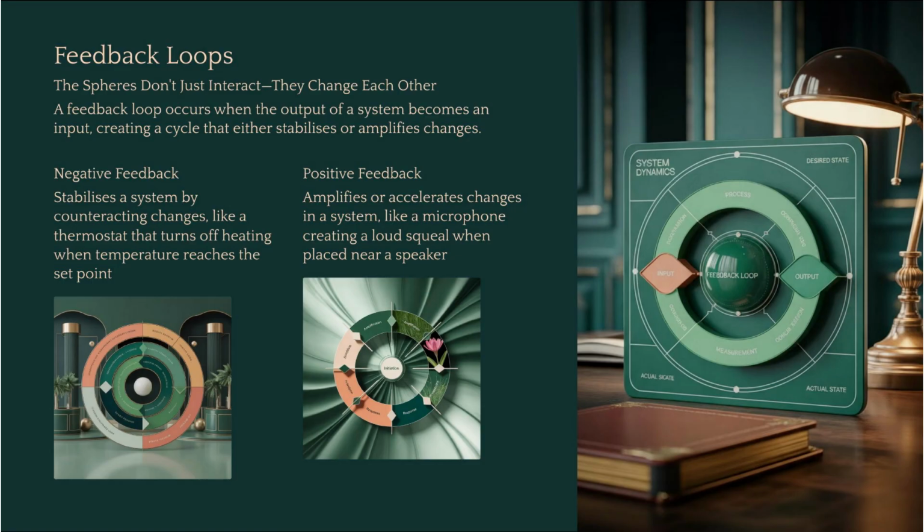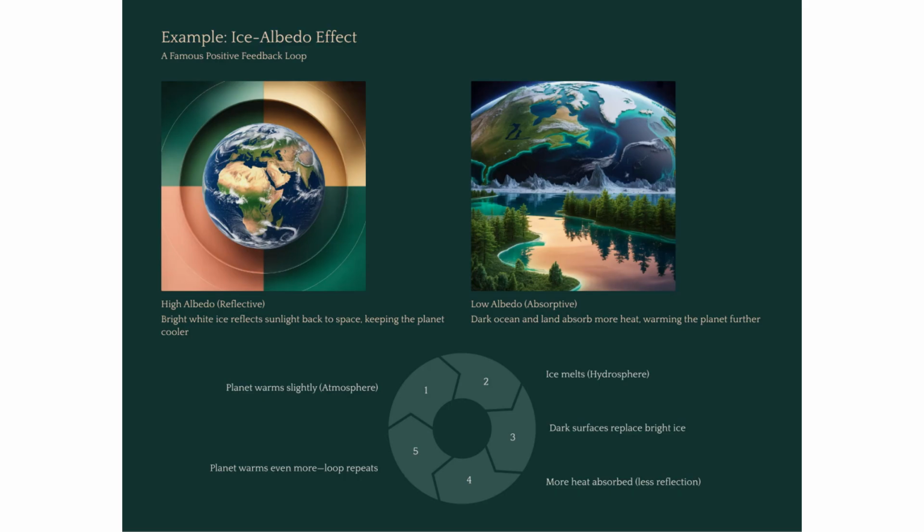It keeps things stable. A positive feedback loop is like a microphone squeal. A little sound goes into the mic, gets amplified, comes out the speaker and goes back into the mic, getting louder and louder. It accelerates a change. The most famous example of a positive feedback loop on Earth is the ice albedo effect.